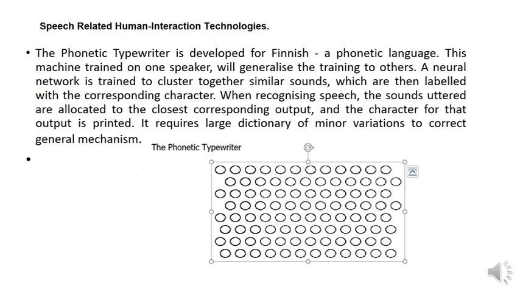When recognizing speech, the sounds uttered are allocated to the corresponding output, and the character for that output is printed. It requires a large dictionary of minor variations to generalize correctly. So you can see the example of the phonetic typewriter.